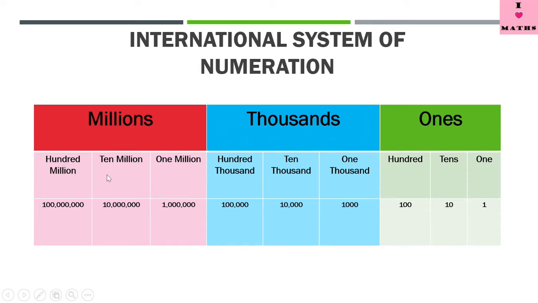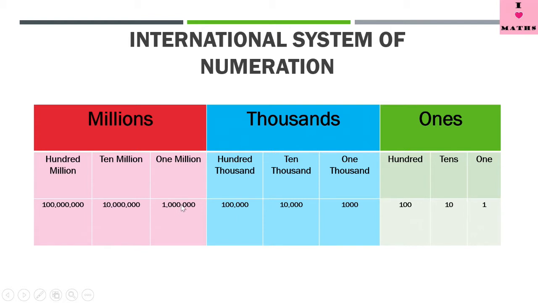So children, when the digits are written in the place value chart, the three digits which are written in the thousands period, we are supposed to read them together. In the same way, the three digits which are written in the millions period, we are supposed to read together.